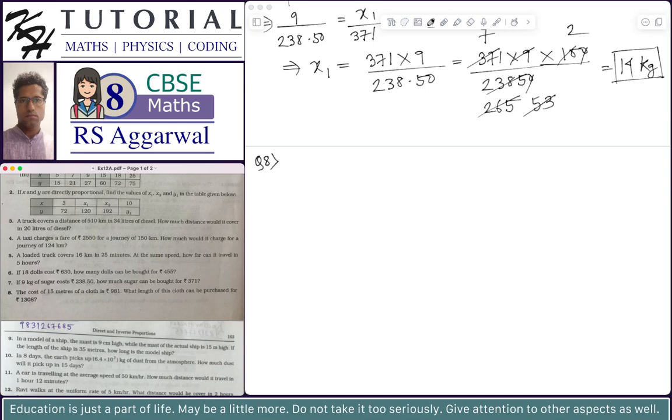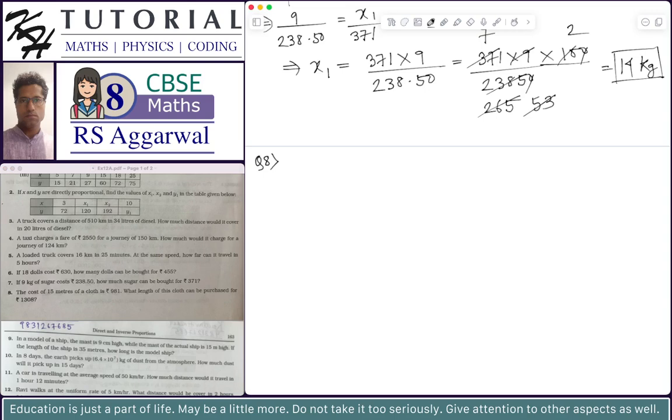If the quality and the type of cloth is the same, then the cost of the cloth per unit length is a constant. And in that case the length of the same type and quality of cloth will be in direct proportion to the cost of the cloth.